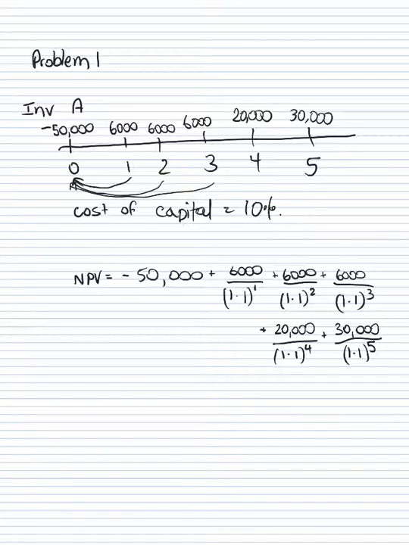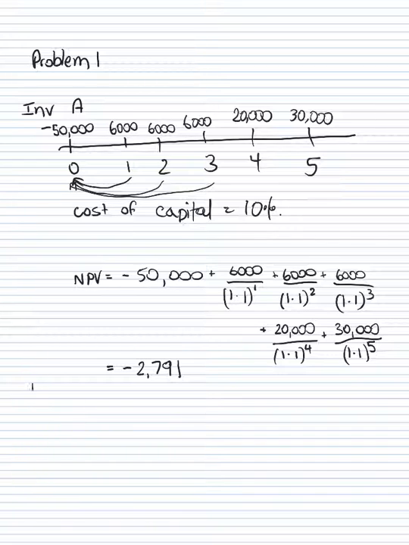Now if I put that into my calculator and I work out what each of those are collectively, I get a net present value of minus $2,791. And because the net present value is less than 0, we wouldn't go ahead with the project.